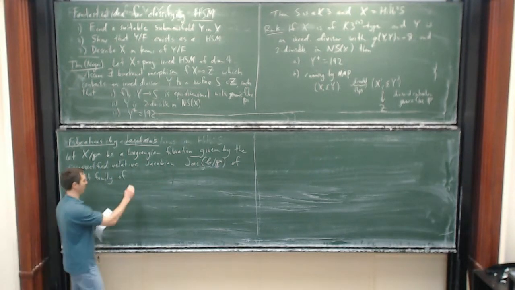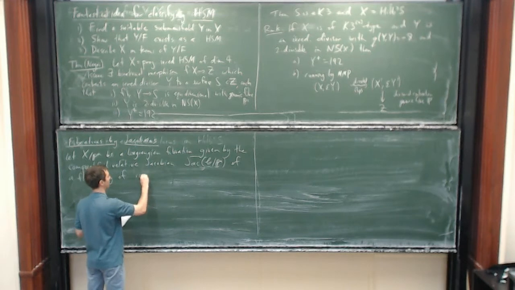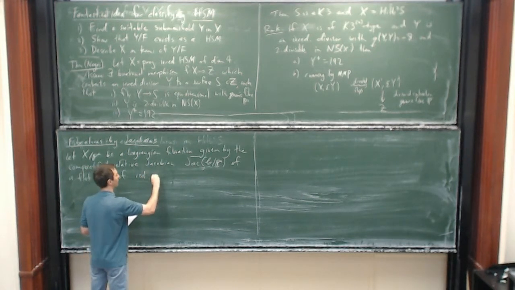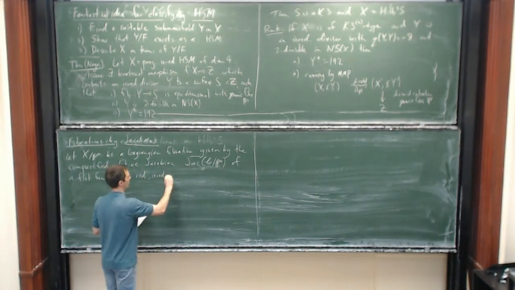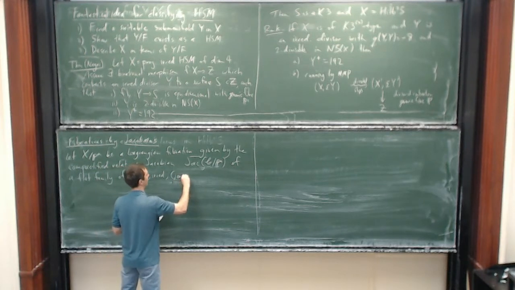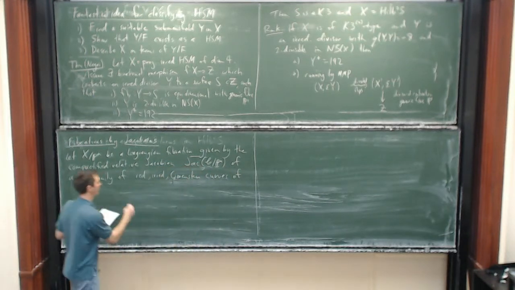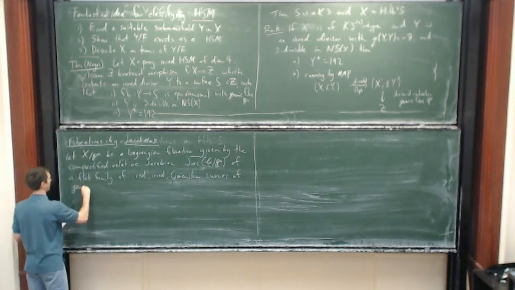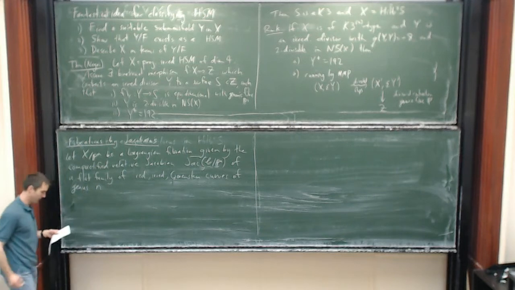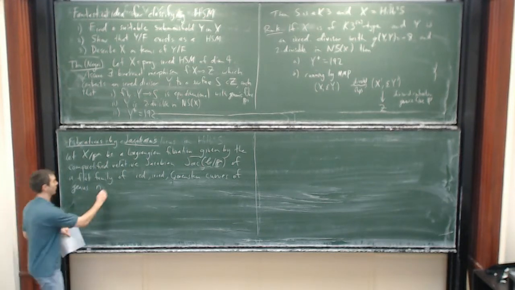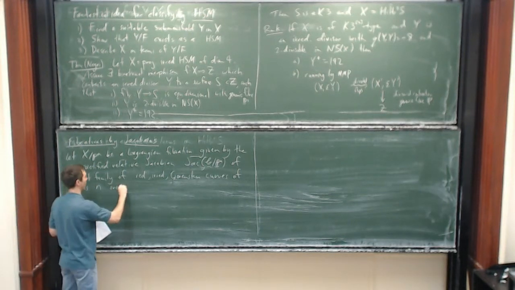And here I want to assume that they are reduced, irreducible, and also Gorenstein curves of genus n, so arithmetic genus n, over Pn.